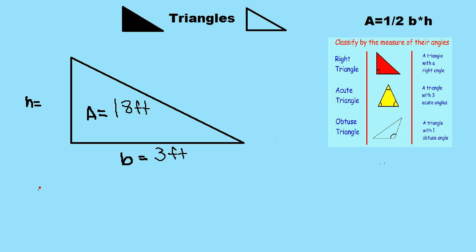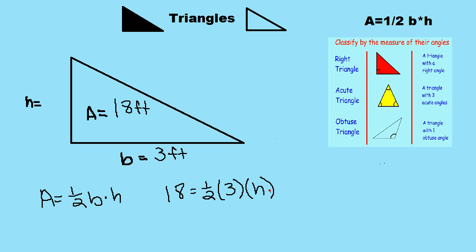So let's set up our problem and solve for the height. So our normal formula is area equals 1/2 base times height. So now we're going to have 18 is equal to 1/2 times 3 times h. So now we need to solve for h, or the height.